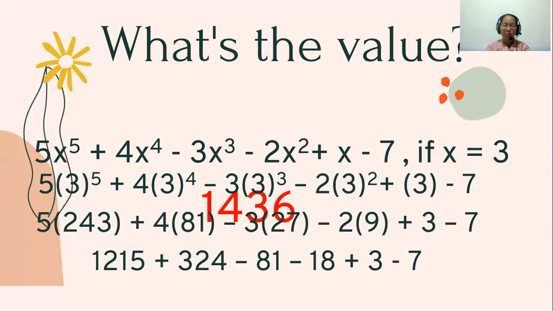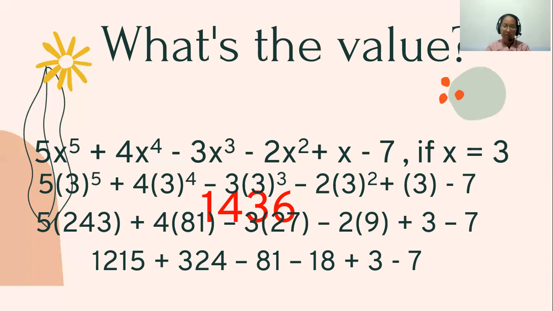Now that we have performed the exponents, we may move on with multiplication. With this expression, we use the PEMDAS rule. Multiplying 5 and 243, that is equal to 1,215. 4 times 81 is 324. 3 times 27 is 81. 2 times 9 is 18.